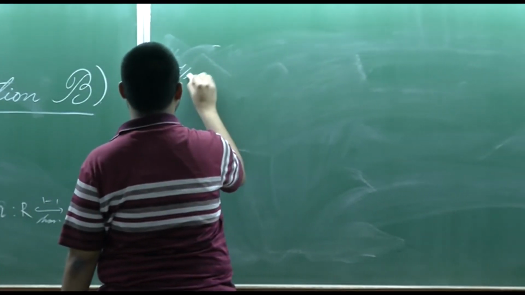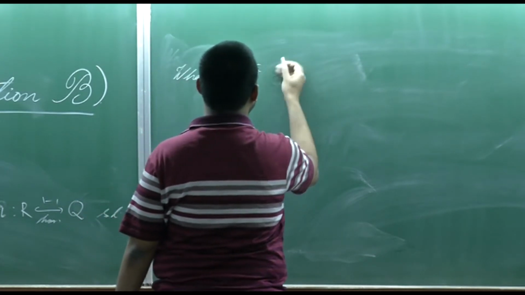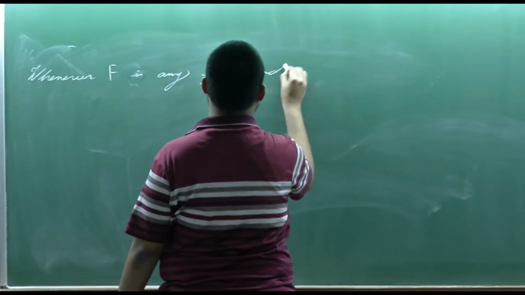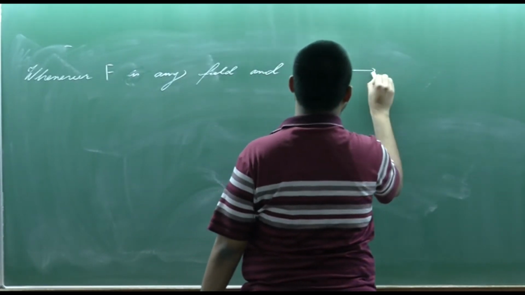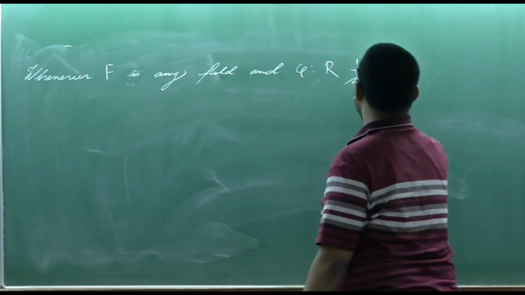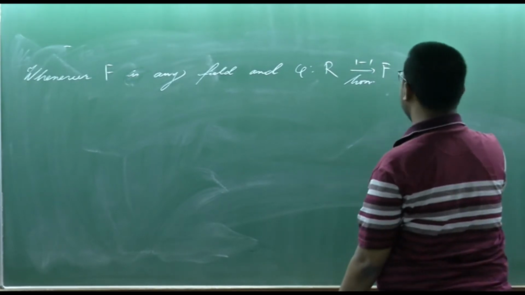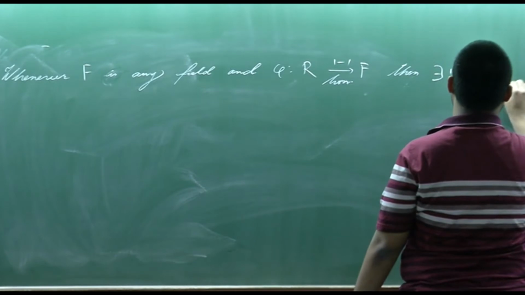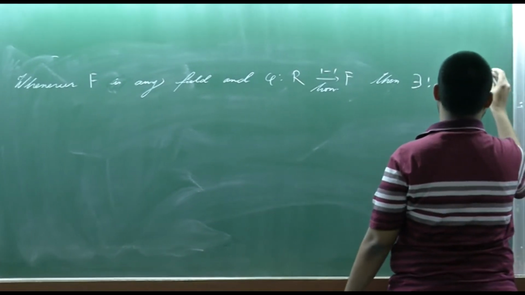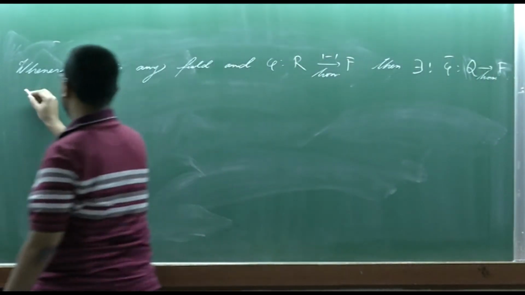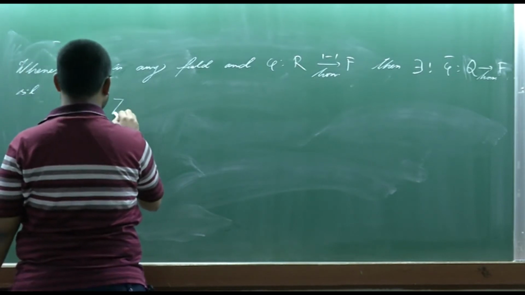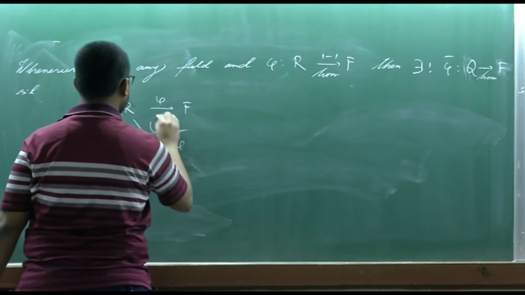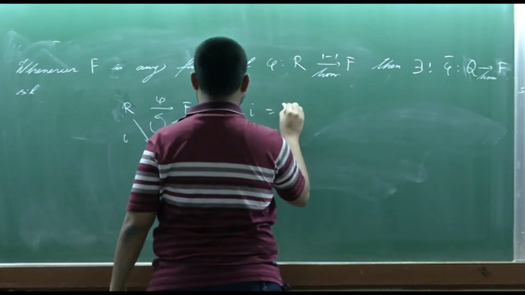It satisfies that whenever F is any field and phi is a 1-1 homomorphism from R to F, then there exists a unique homomorphism phi bar from Q to F such that the following diagram commutes: R to F by phi, and phi bar composed with I equals phi.